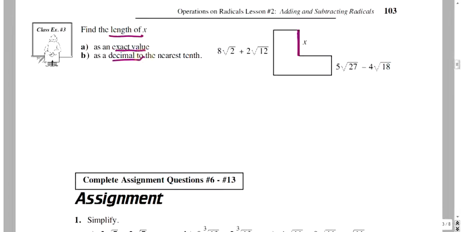If you don't see the strategy here, there's no way you're going to be able to get this question. There's a way to solve this. What do I need to do to solve for x? Don't yell it out. Let me just do one little thing.